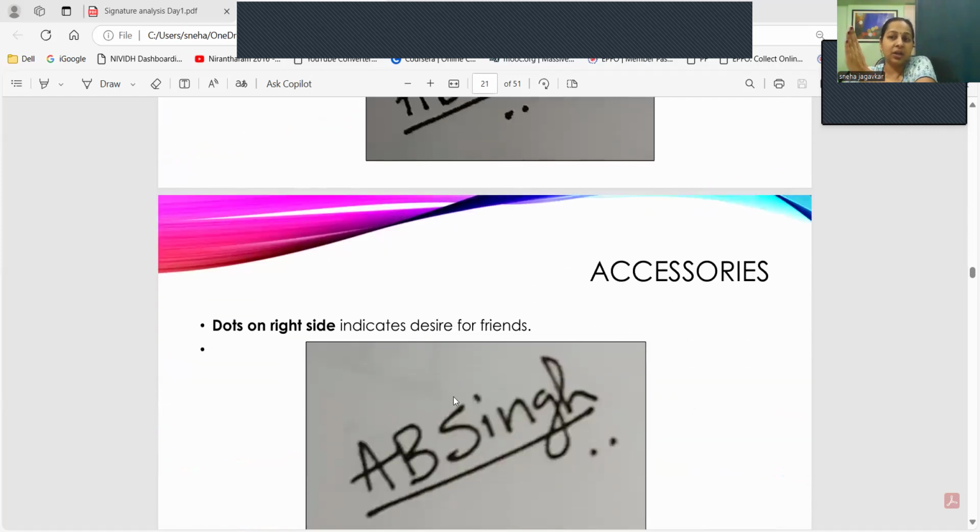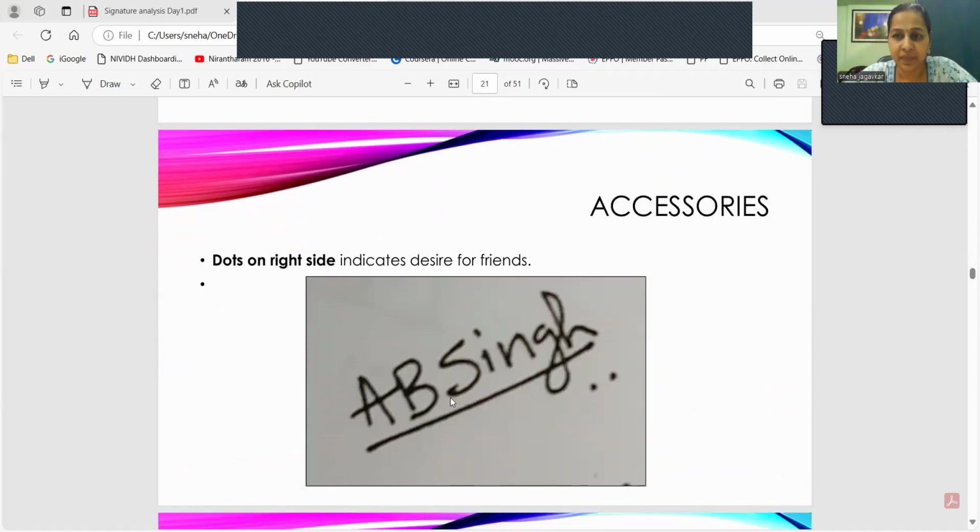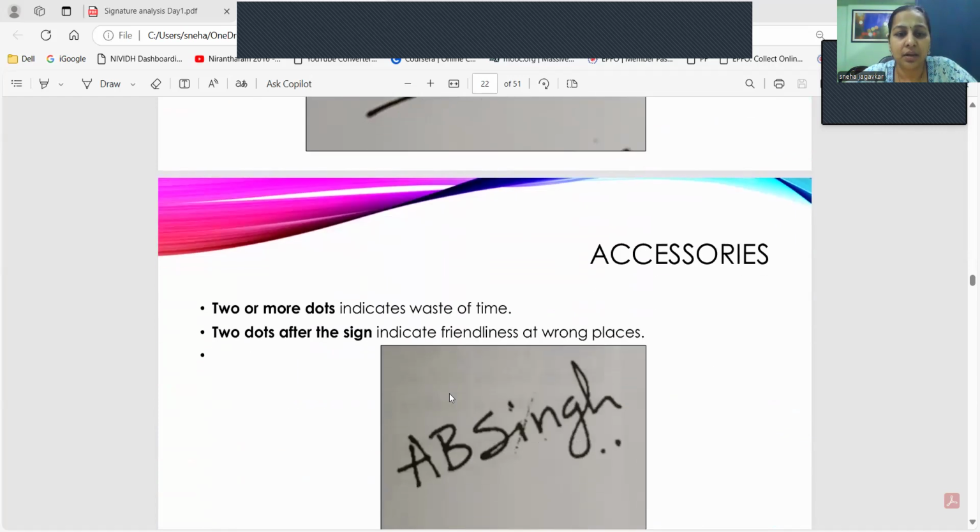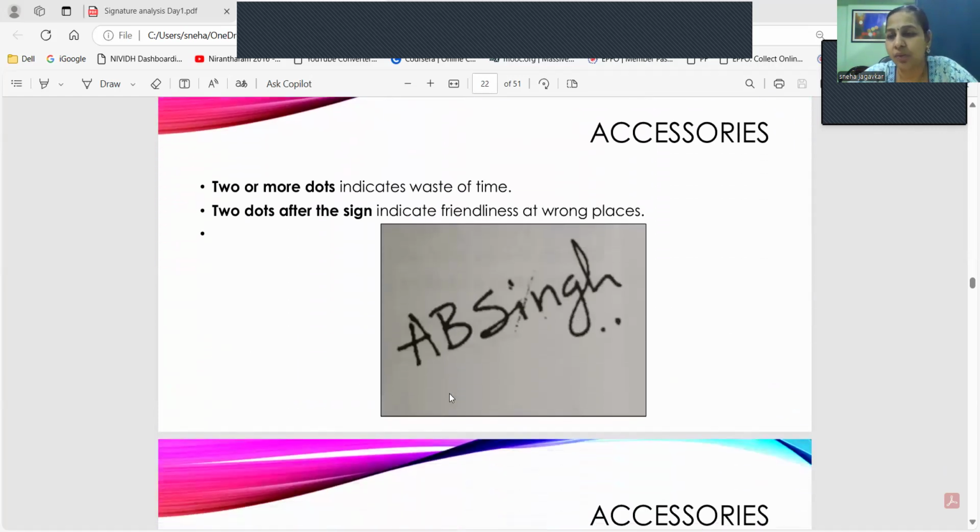Dots on the right side or at the end of the signature indicate desire for friends, right? Then two or more dots obviously indicate waste of time. Two dots after the signature indicate friendliness in wrong places. So it is always recommended to have just one dot after the signature. Nothing more, nothing less.